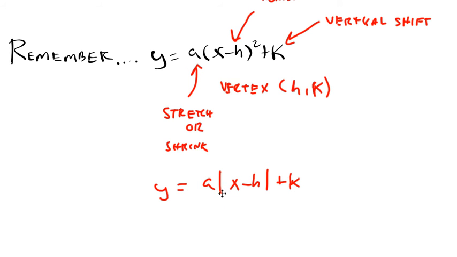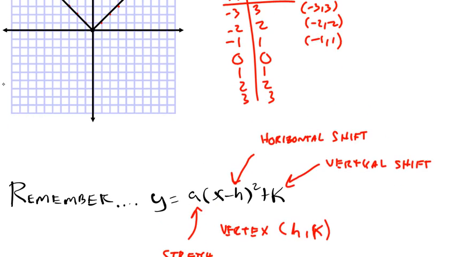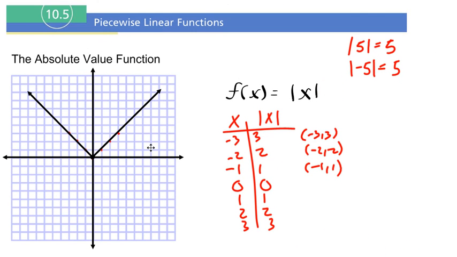It's the same thing, where a is your stretch or shrink, h is our horizontal shift, and k is our vertical shift. As a matter of fact, h, k is the vertex. So it's very similar to the quadratic.